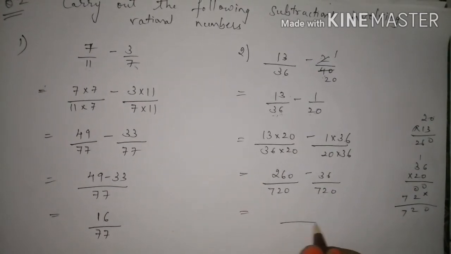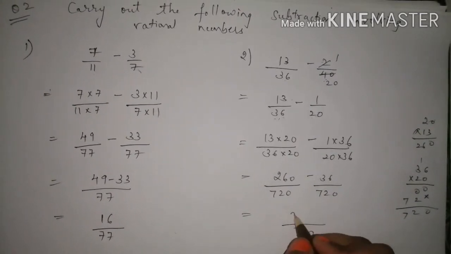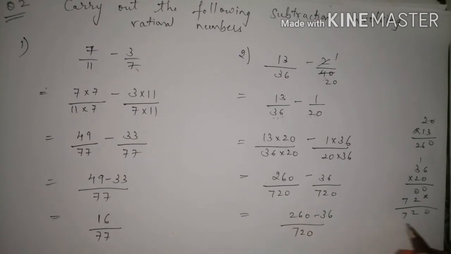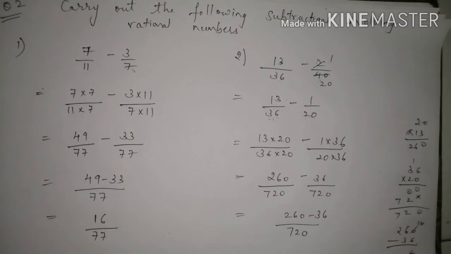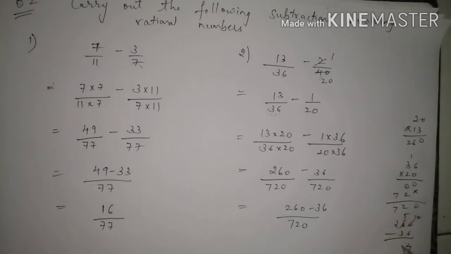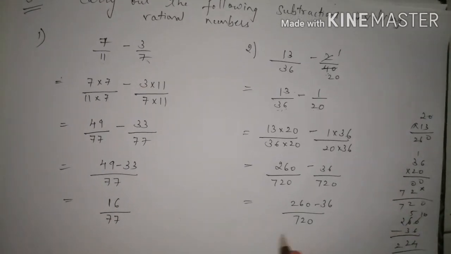Now check, the denominator has become same, write it one time. Subtract the above numbers. 260 minus 36: 10 minus 6 is 4, here 5, 5 minus 3 is 2, 224.